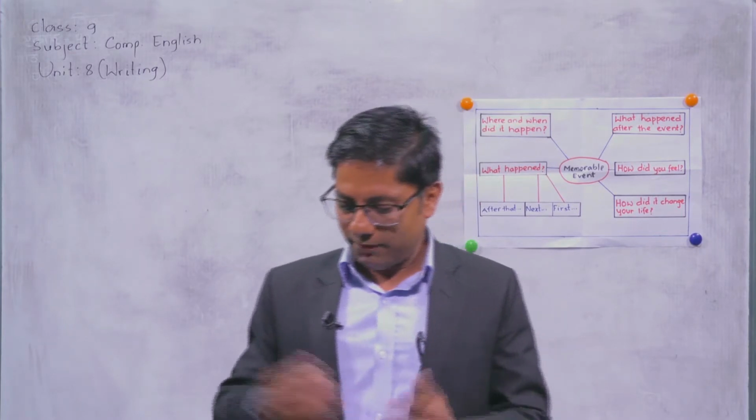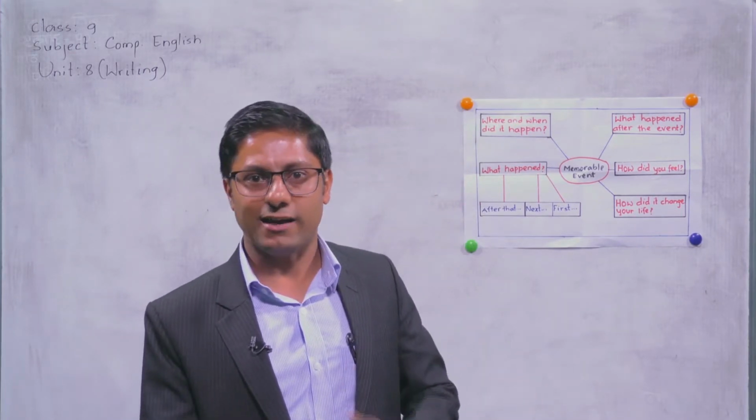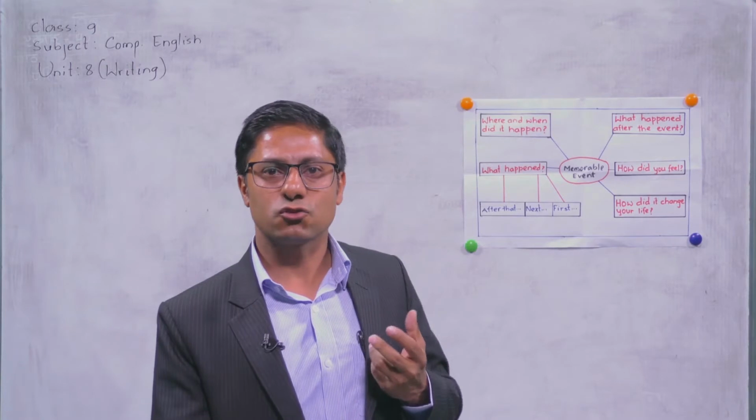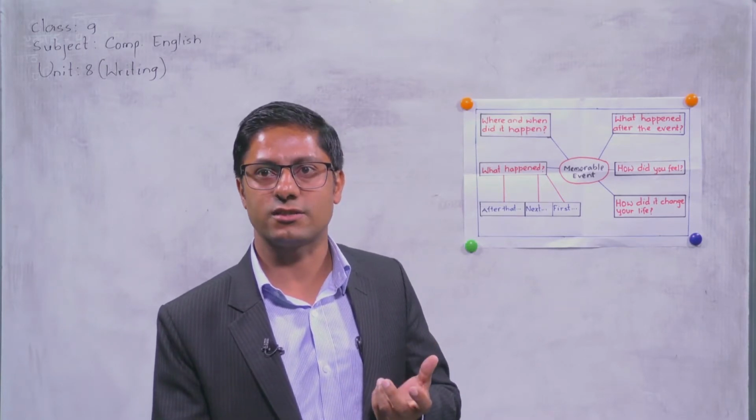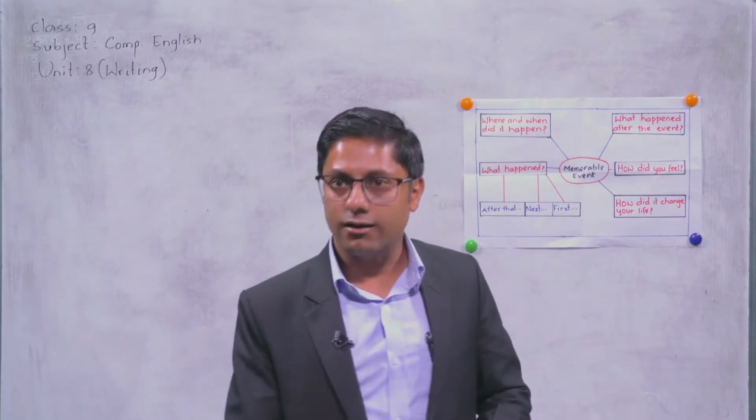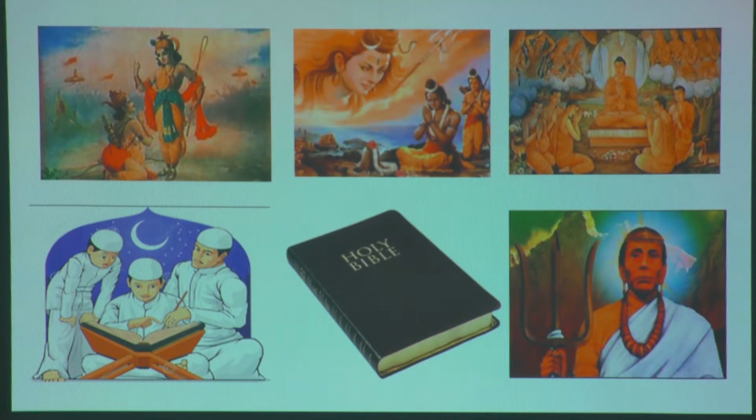Okay, students, please look on the screen. I'll show you some sources of religious stories. See there on the screen. Can you guess what is the first picture related to? Okay. I'm pretty sure you can guess it.